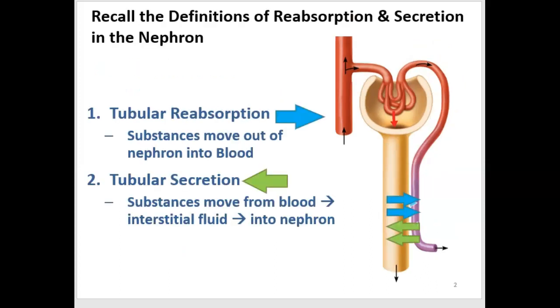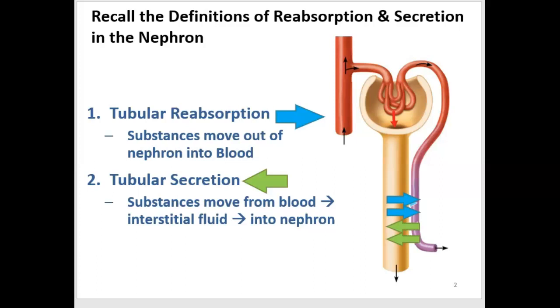Before we get into too much depth, I want to make sure the definitions of reabsorption and secretion are clear to you. Reabsorption means that substances move from the nephron back into the body, which means into the interstitial space, that means between the cells in the kidney, and then into the bloodstream.